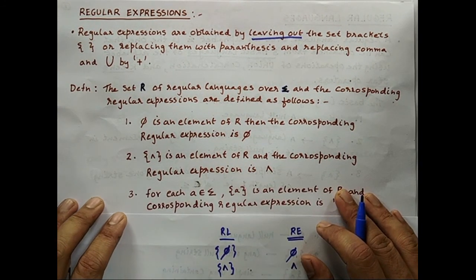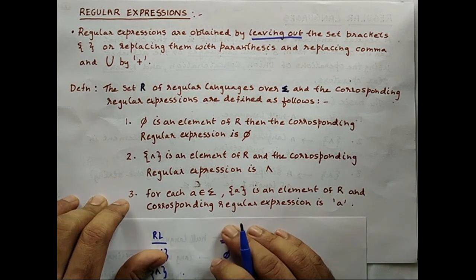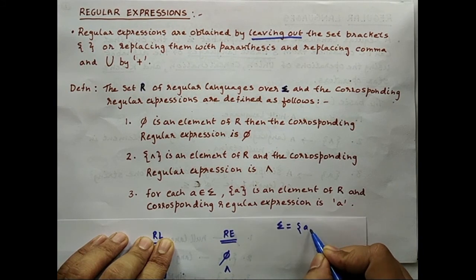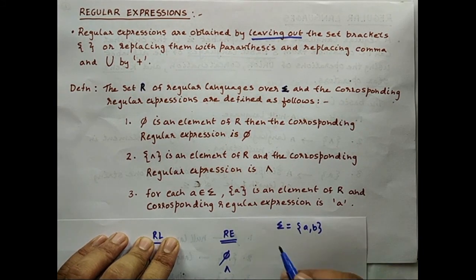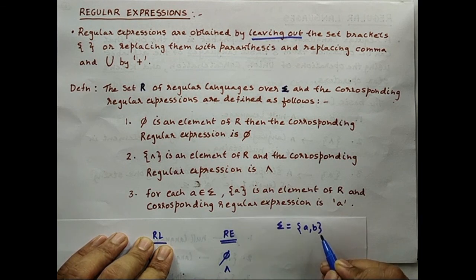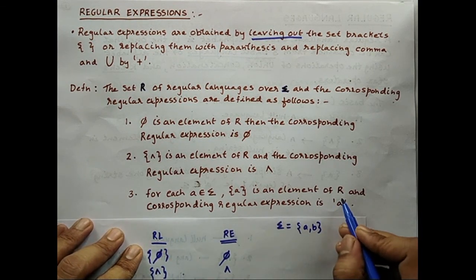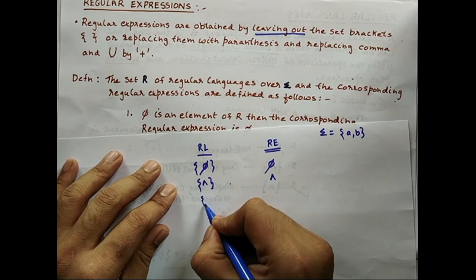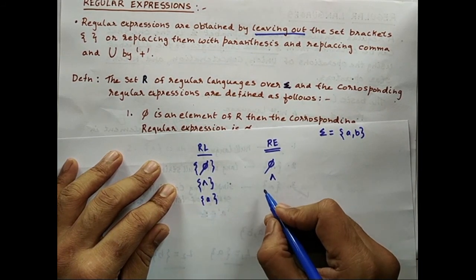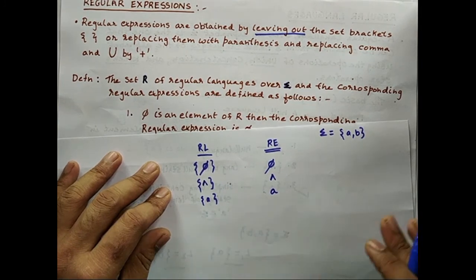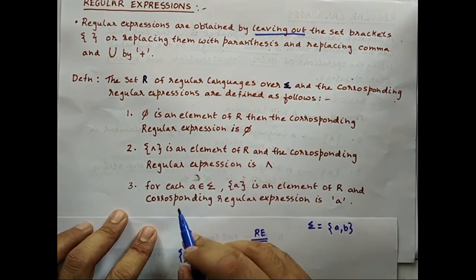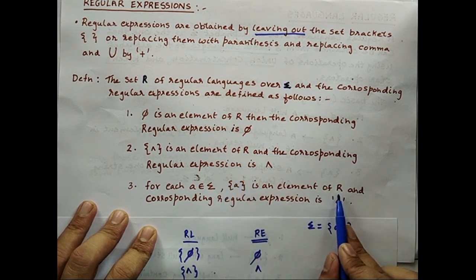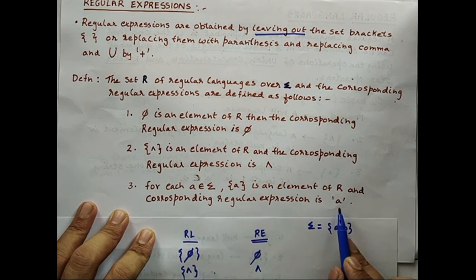Third point: for each A belonging to sigma, assume that the alphabet set sigma contains the symbols A, B. Then for each symbol A belonging to sigma, if the regular language is say {A}, then the corresponding regular expression will be simply A without the brackets. For each A belonging to sigma, {A} is an element of R.